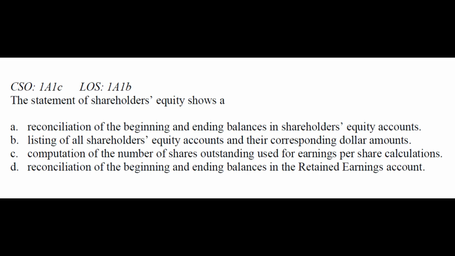Exam tip. Statement of shareholders' equity: explains changes in all equity accounts. Statement of retained earnings: explains changes only in retained earnings. Remember that the statement of shareholders' equity provides a comprehensive reconciliation of owners' equity throughout the accounting period.